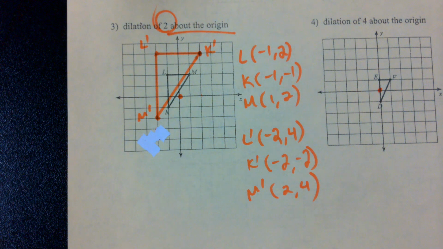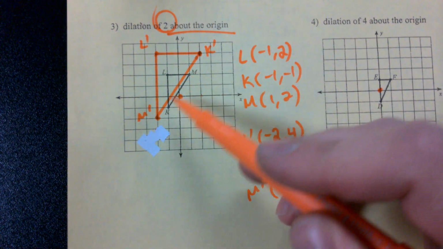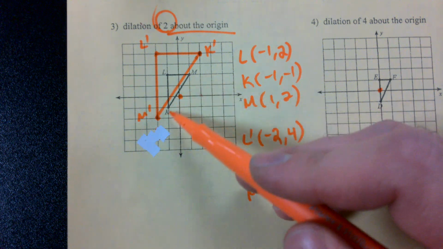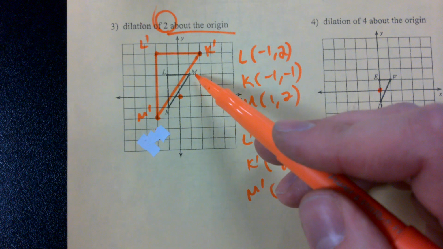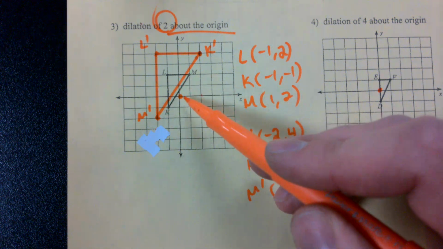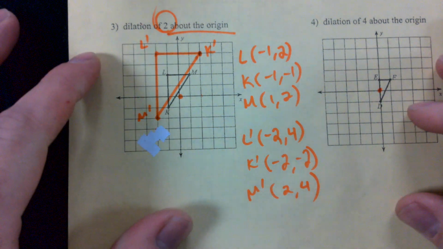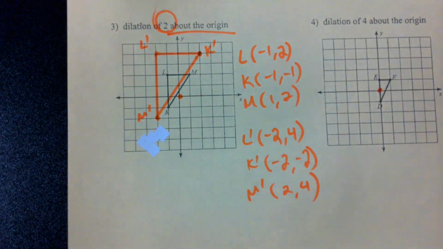In fact, our pre-image triangle is just outside, or at least this hypotenuse here, this long side, is just outside of our prime triangle, just like our pre-image triangle was just outside of the origin. I'm not feeling great today, so I apologize if my explanations are a little bit more confusing. Hopefully that makes a little bit of sense, okay?